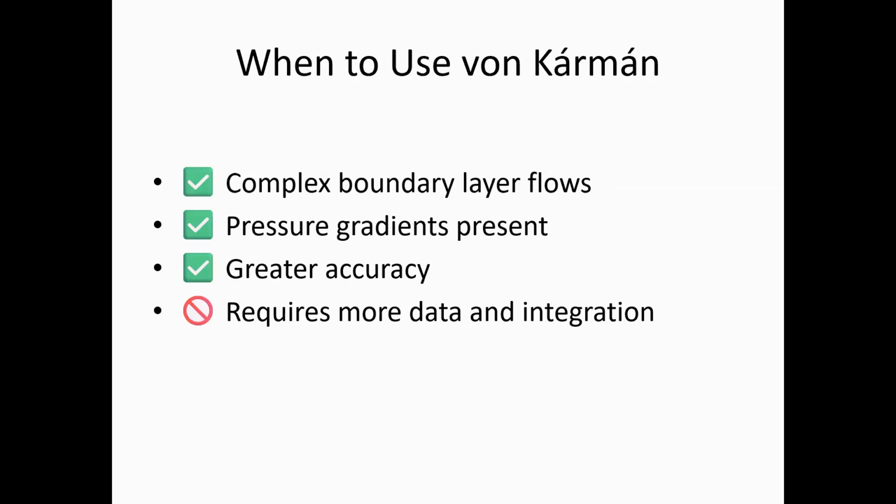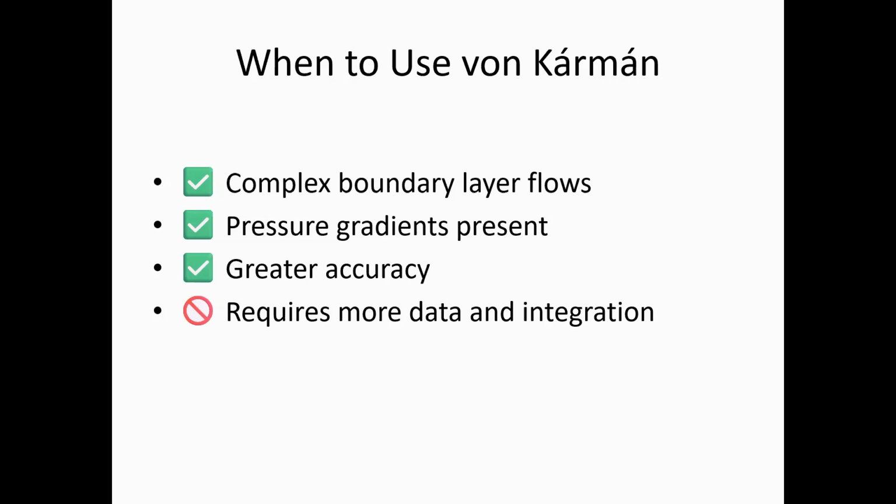Where to use it: complex boundary layer flows. Like when your boundary layer flow is very complex and you can't find an appropriate analogy to derive the equations. That is where you will use this analogy. Pressure gradients should be present. The accuracy of this analogy is great, but it requires more data and integration.